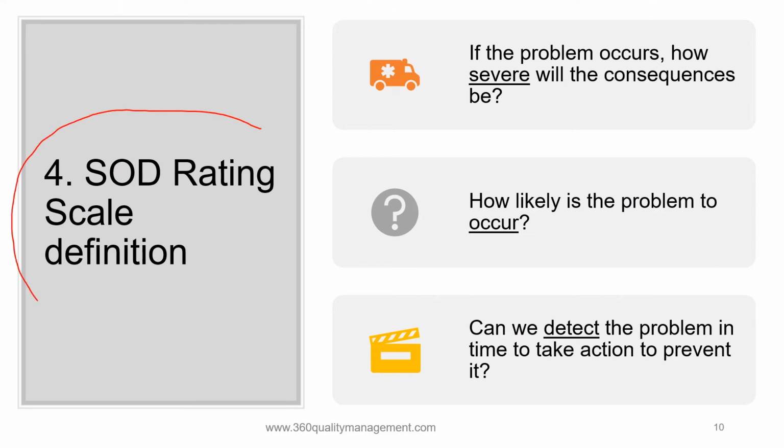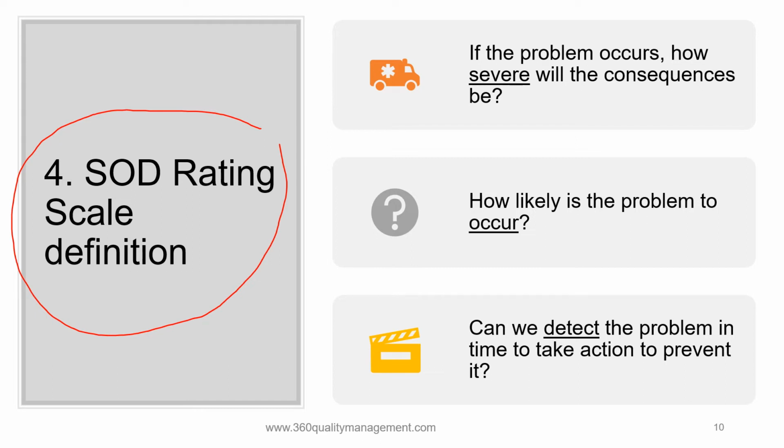The fourth item in the list for an effective FMEA would be the severity, occurrence, and detection rating scales definition. Eventually, all these numbers will be multiplied to become a risk priority number.